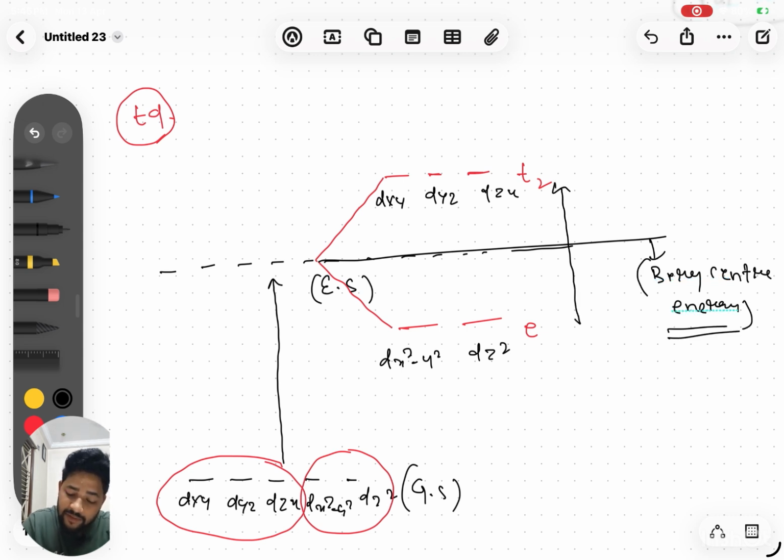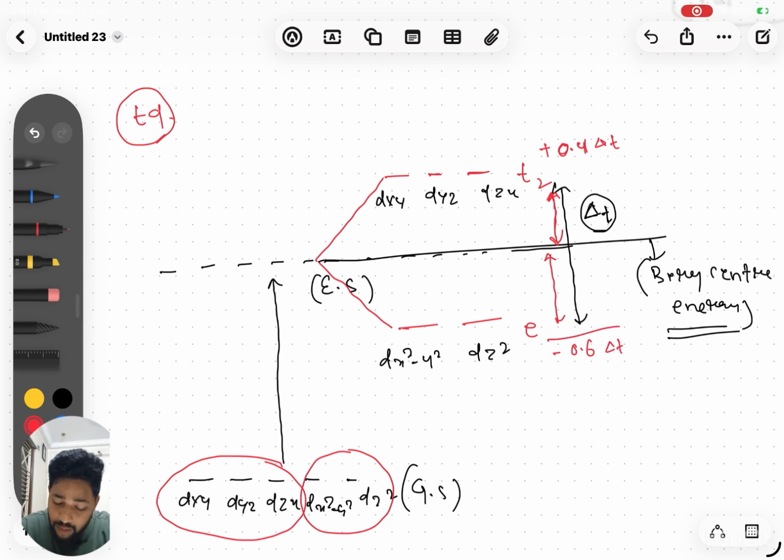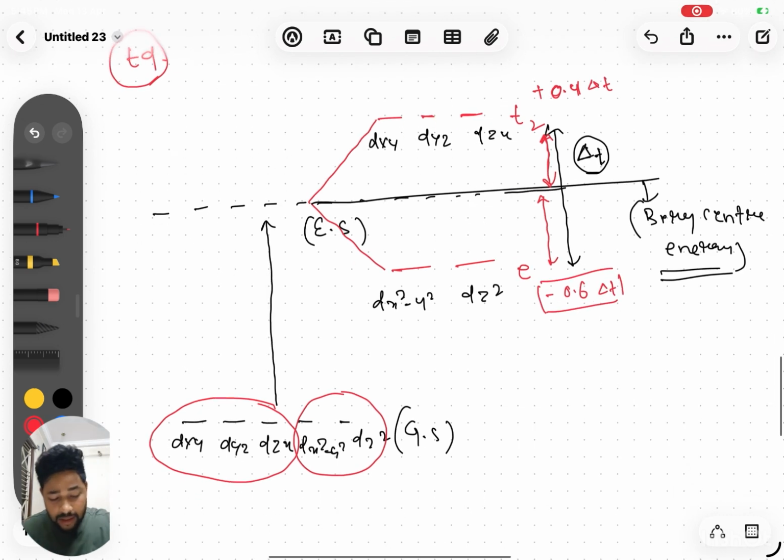This energy gap is known as delta t, because it is for tetrahedral splitting. The T2 energy is increased by 0.4 delta t, and the E energy is decreased by 0.6 delta t. This is the splitting of a tetrahedral complex.